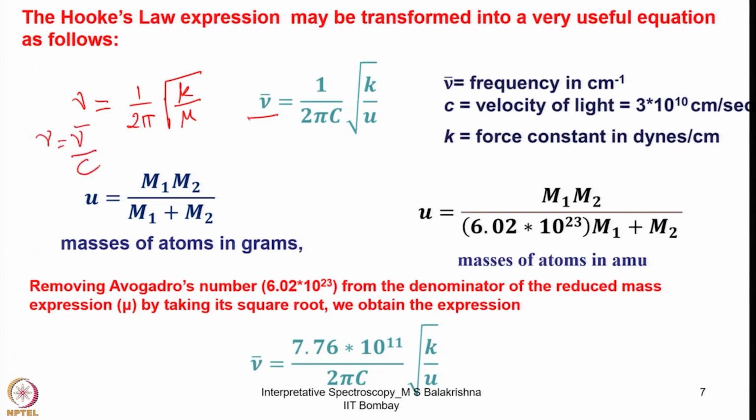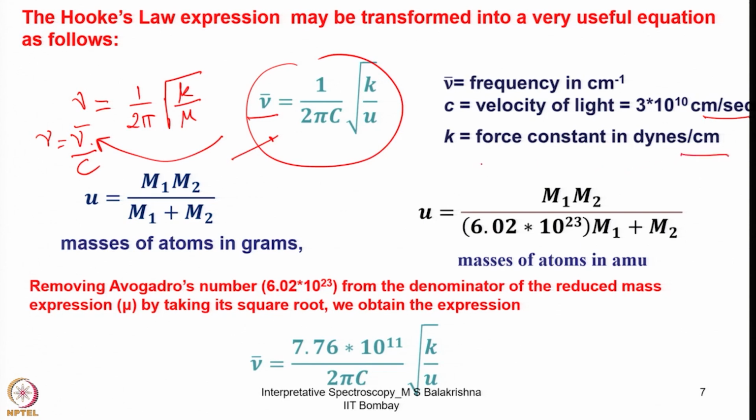So therefore, we are simply putting this value here, and then this is what we get here. So mu equals m1 m2 over m1 plus m2 is the reduced mass, and nu bar is frequency in centimeter minus 1, and c is velocity of light 3 into 10 raised to 10 centimeter per second, and k is force constant in dynes per centimeter.